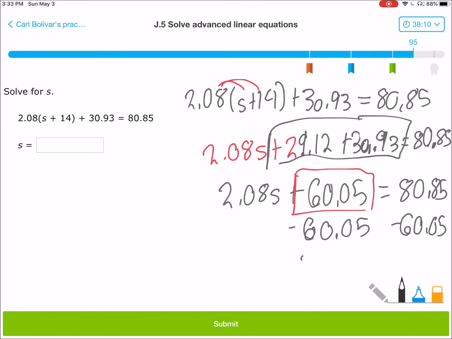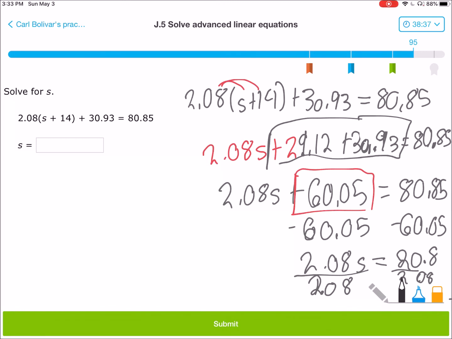What this will give us is 2.08s is equal to 20.8. Okay. Now let's divide each side by 2.08.